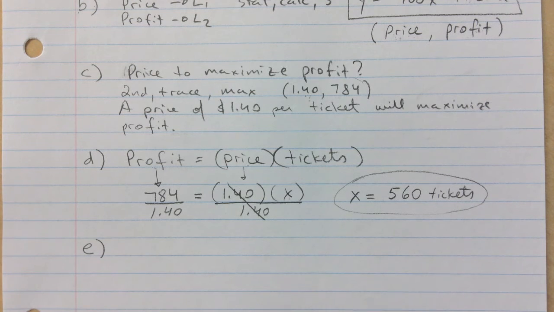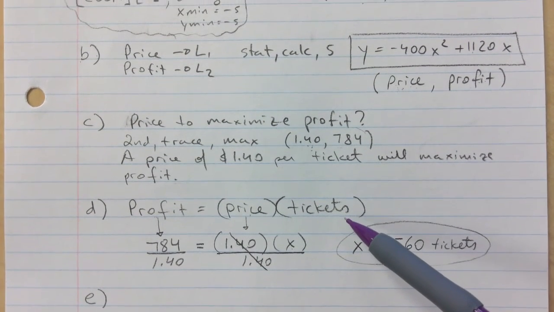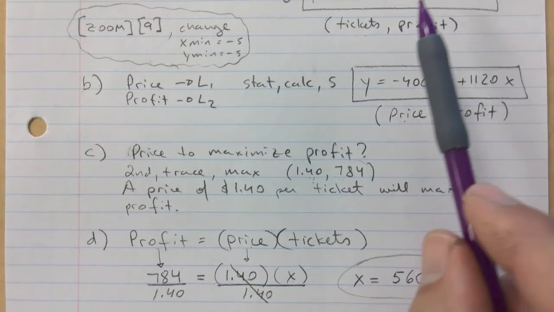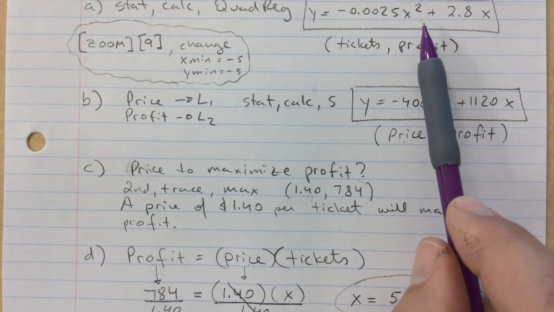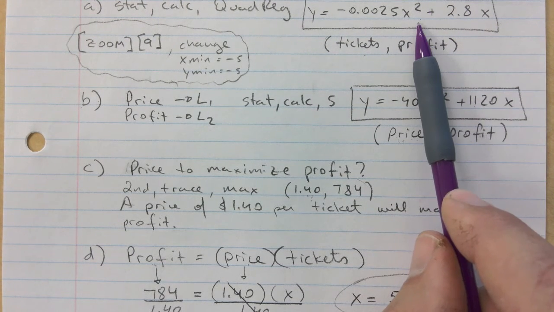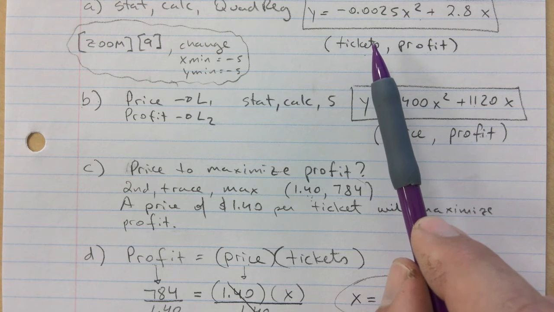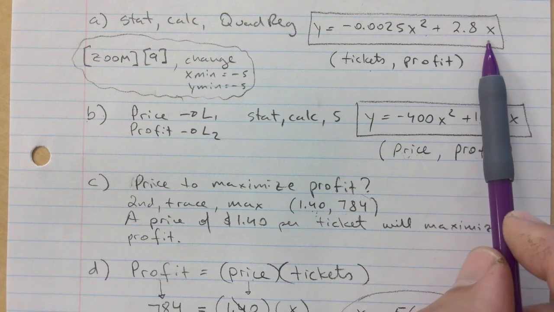So let's recap this though. Okay. Let's go back to A. Let's say you had used this formula, this equation, and found the vertex here. If you use this equation, we will type this in manually into our Y1.